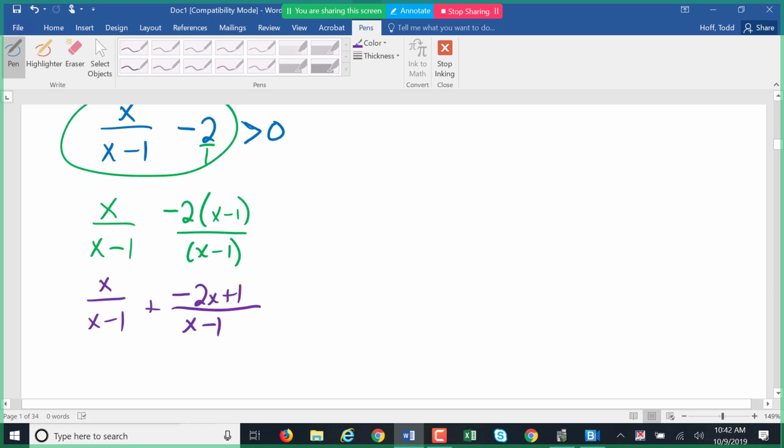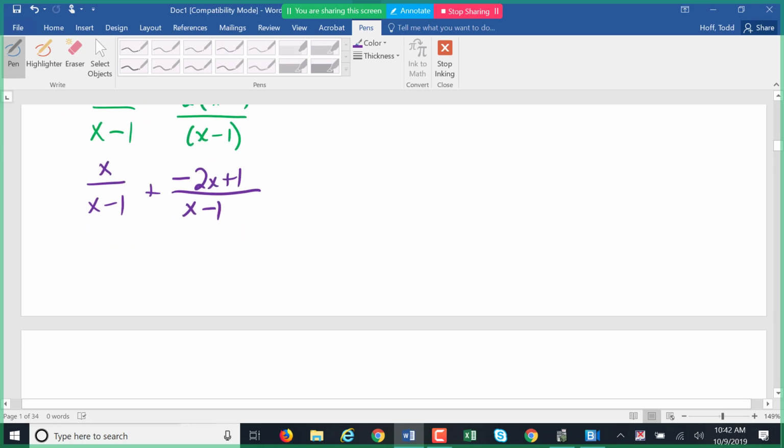So I've got the x over x minus 1 plus that negative 2x plus 2 over x minus 1. So I have the same denominators. Once I have the common denominator, I just add the numerators. x plus negative 2x plus 2: x plus negative 2x is a negative x, and nothing to combine with the plus 2, over x minus 1.